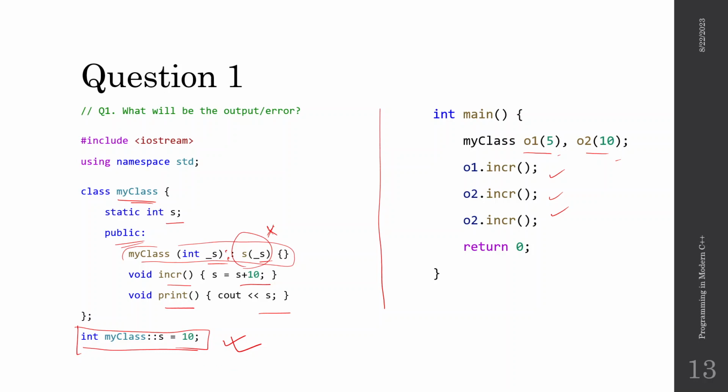What we could have done, if we wanted to replicate the same functionality, is set the value of S in the definition of the constructor.